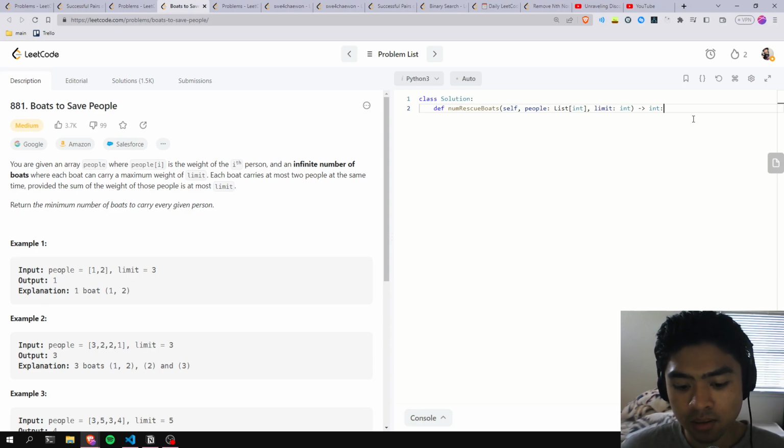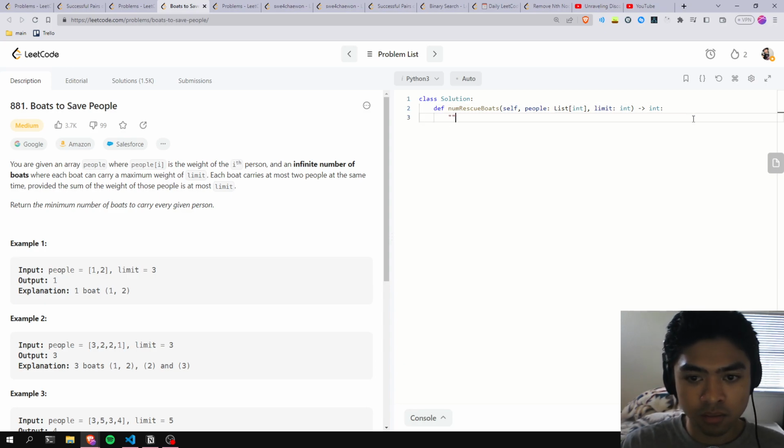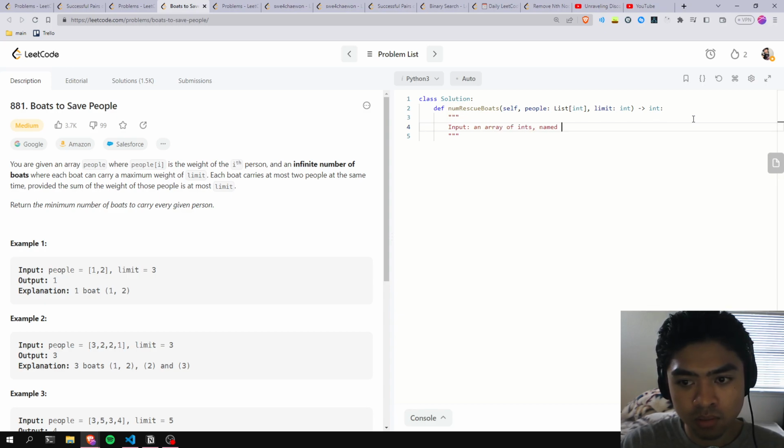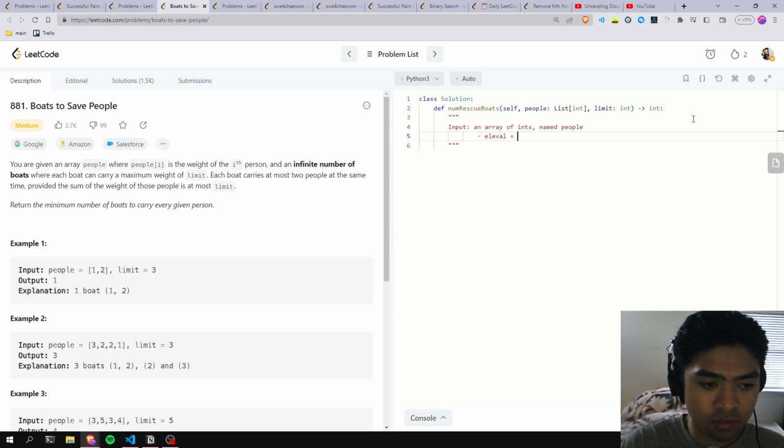Okay, so let's backtrack a little bit and make it slow. We know that our input is going to be an array of ints named people, and the element value is basically the weight of said person.